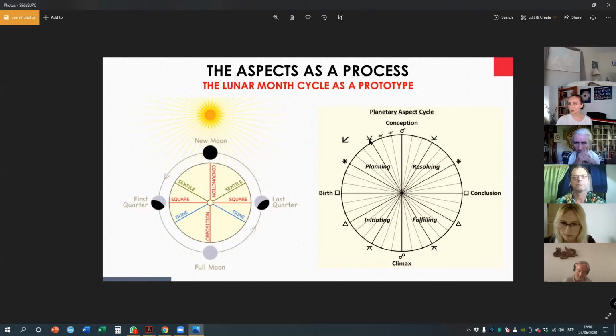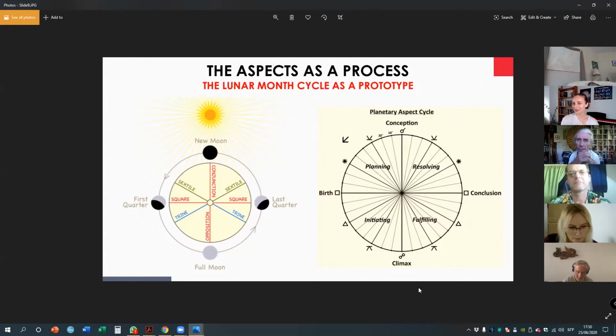Then we move on to the semi-sextile with 30 degrees here between them. Then we can see the sextile, 60, the first square, the trine, and the quincunx, and obviously the opposition as well. Yeah? Would you like to do that? Yeah? All right. So starting from the conjunction.